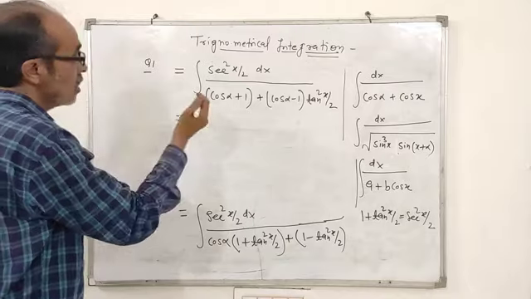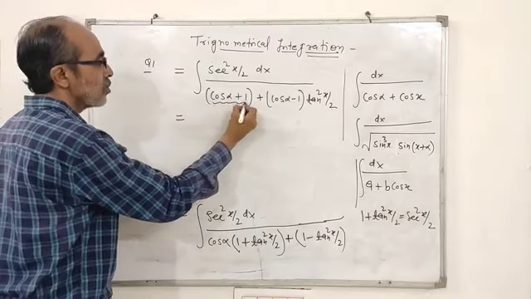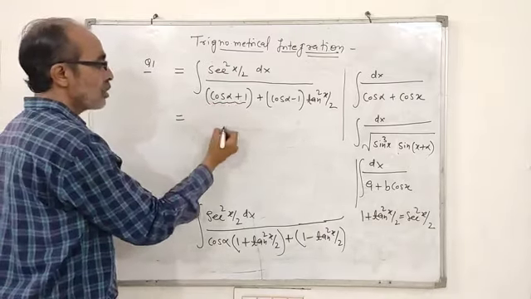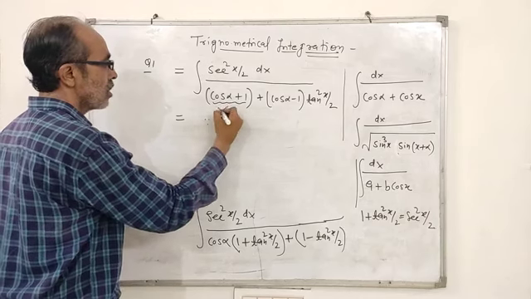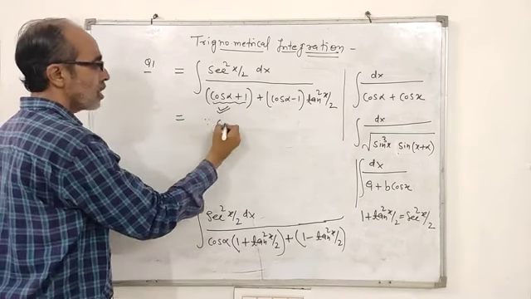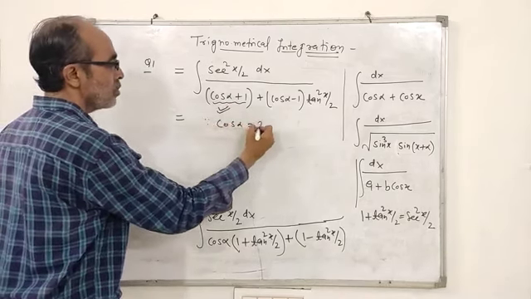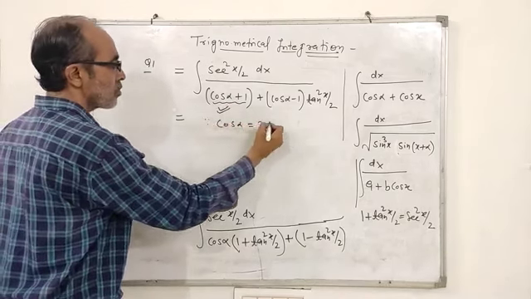Now we change this term using the half angle, because cos alpha is equal to 2 cos square alpha by 2 minus 1, so that this 1 cancels with this negative 1, and cos alpha is 1 minus 2 sin square alpha by 2 in this bracket.